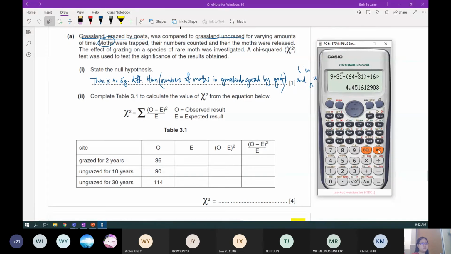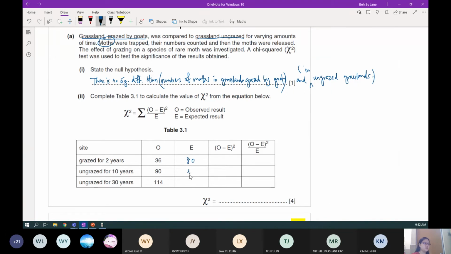How much is that? Bringing my calculator here. They don't tell us the total, so you have to find the total yourself. So 111 plus 90 plus 36 divided by 3 equals, it should be 80 expected for each. Why?